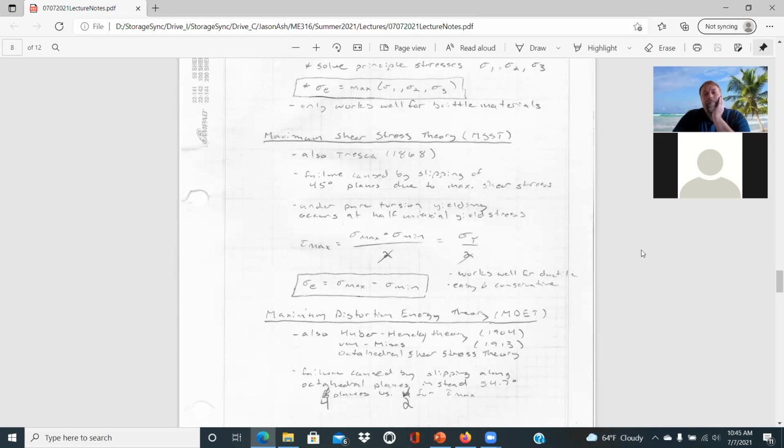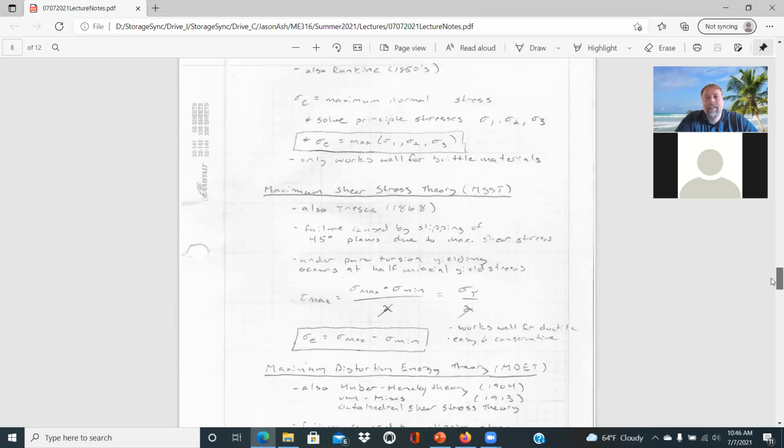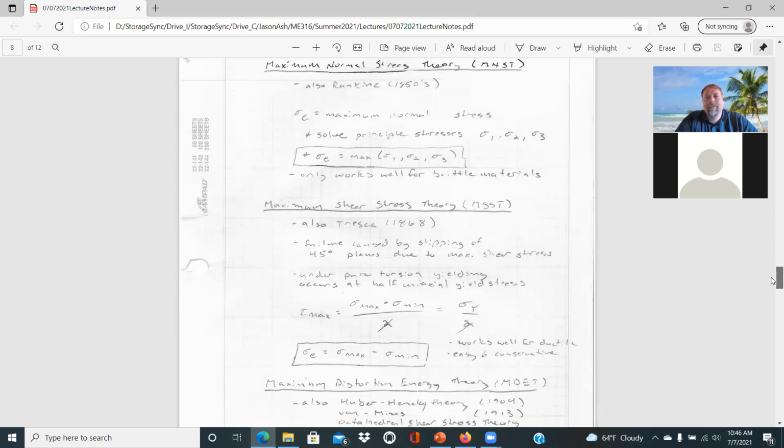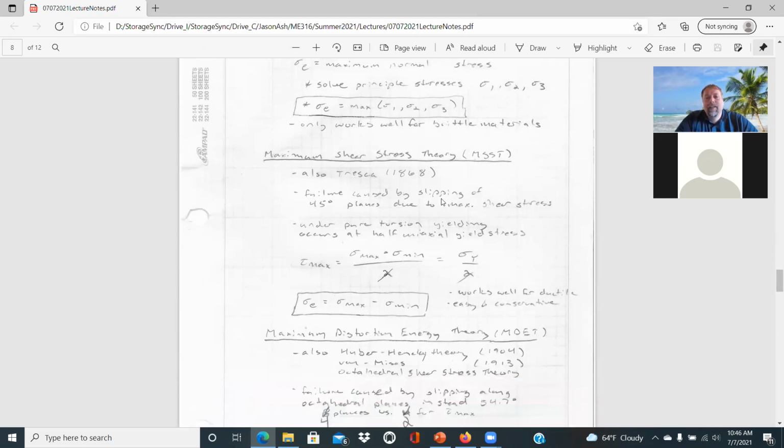And so first off, maximum shear stress theory was proposed by Tresca, who was from France in 1868. You can kind of see that was shortly after, about 20 years from when maximum normal stress theory came out. And again, from France, this is about the time frame they were designing and building the Eiffel Tower.